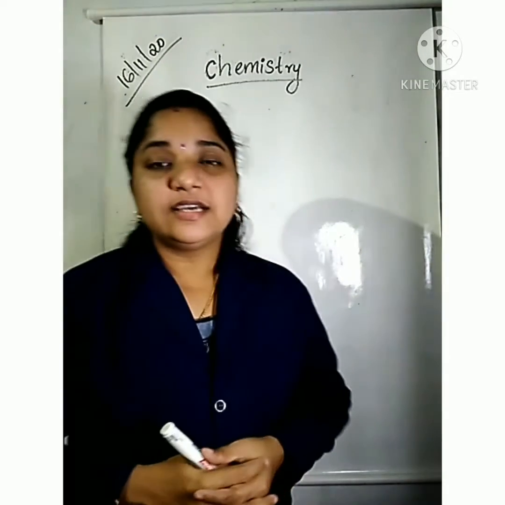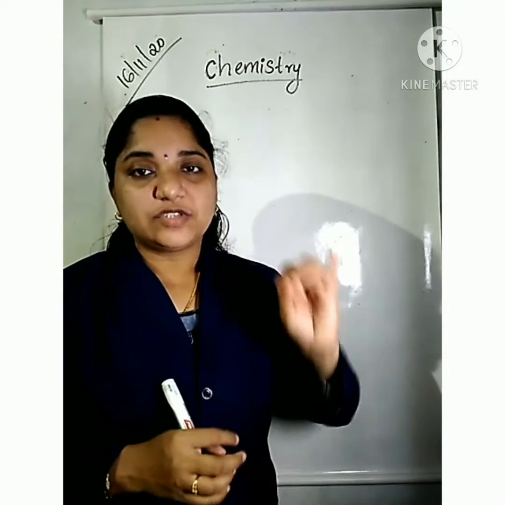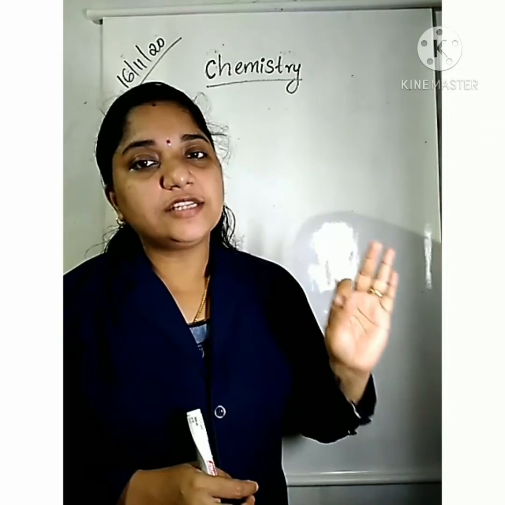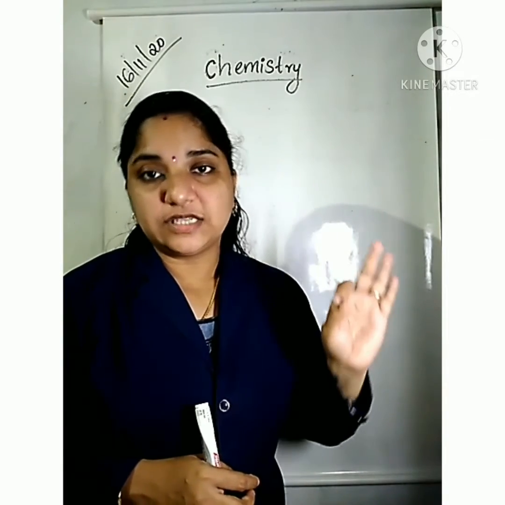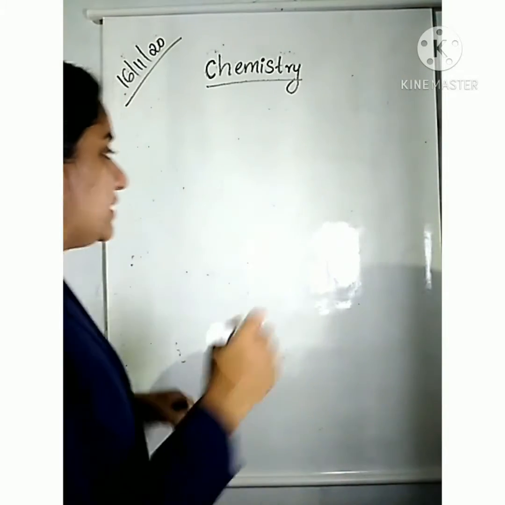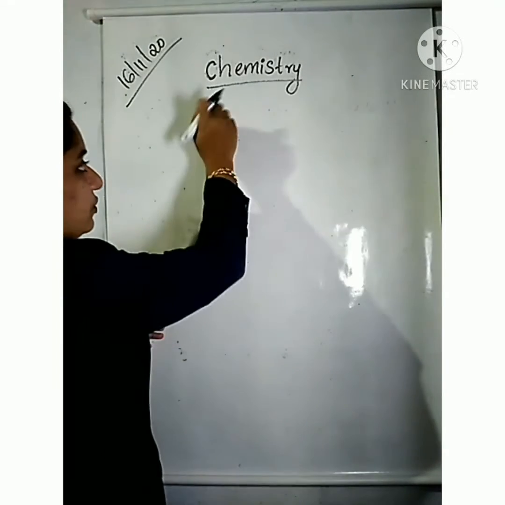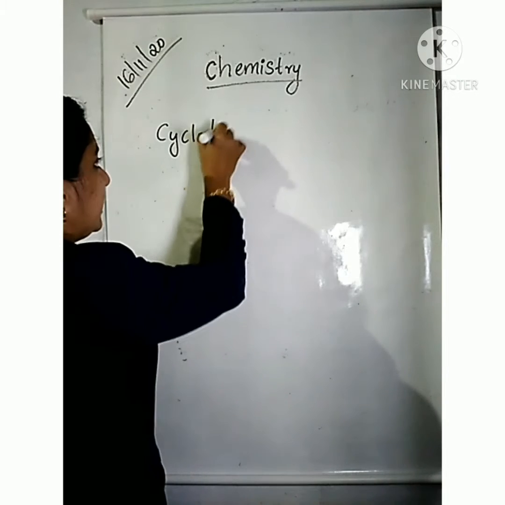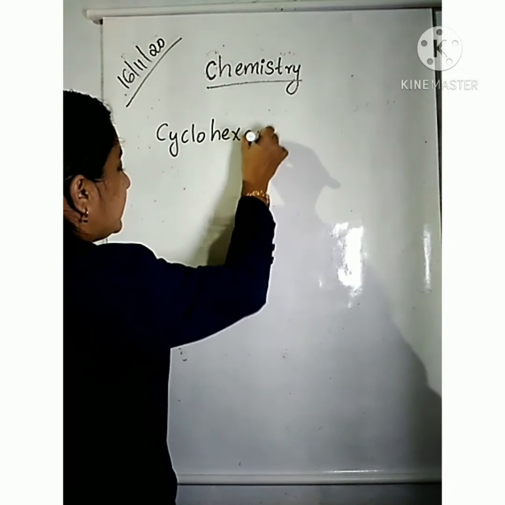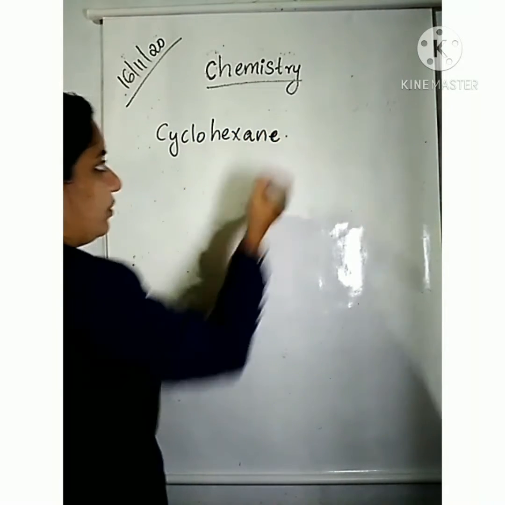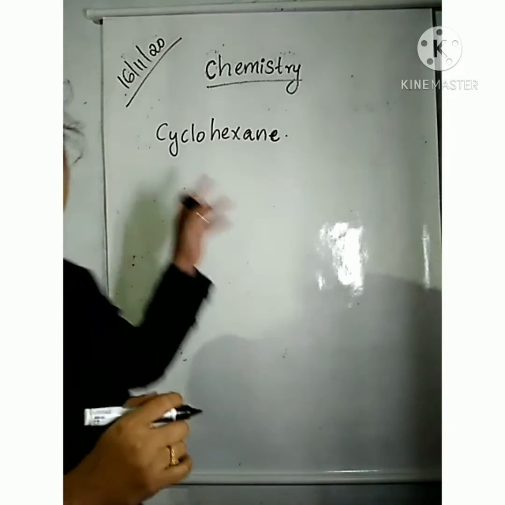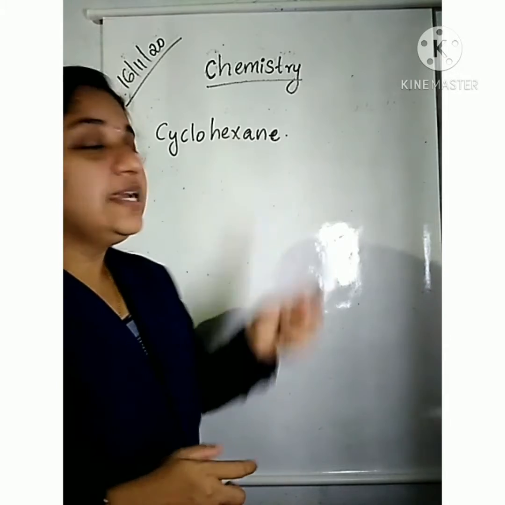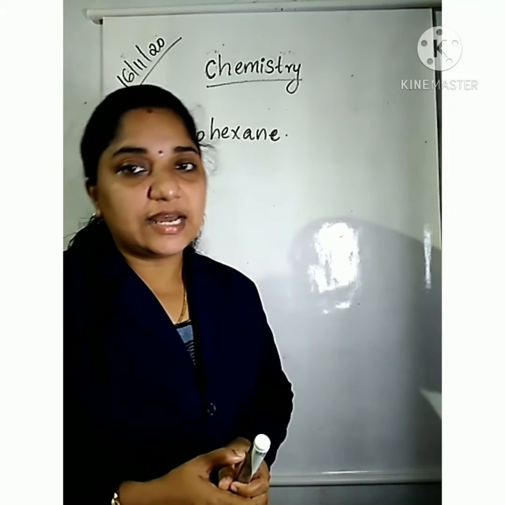I already said carbon forms straight chain compounds, branched chain compounds, and they also form ring structures. So, a simple ring compound of carbon is cyclohexane. Cyclohexane is a ring compound. Hexane means it contains 6 carbon atoms.